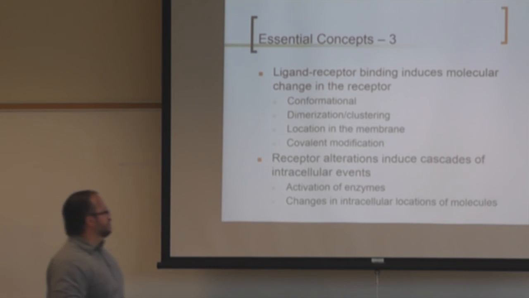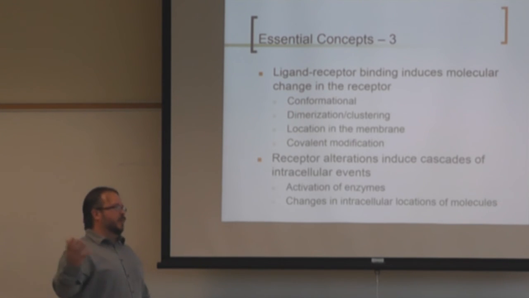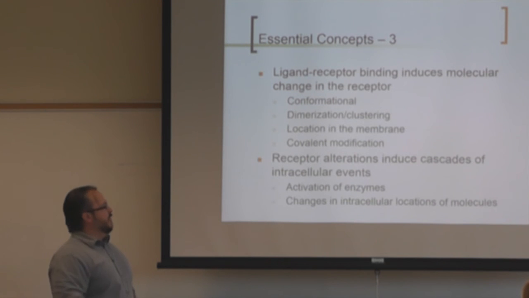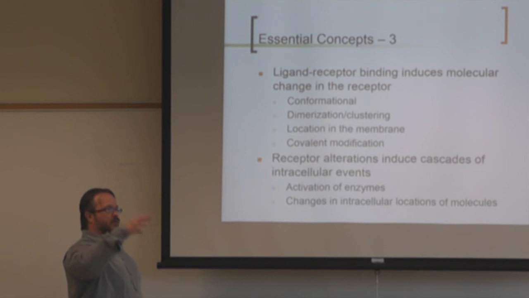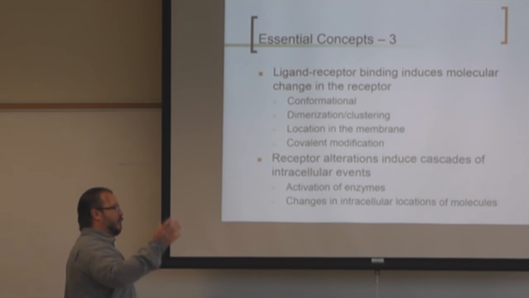Receptor alterations induce cascades of intracellular events. Basically these cascades are these huge pathways that have multiple events happening: phosphorylation of molecules, dephosphorylation of other molecules, enzymes that are activated or released from being bound to other molecules, and those enzymes will cause other things like calcium release from the ER.